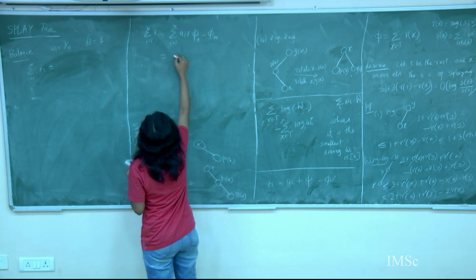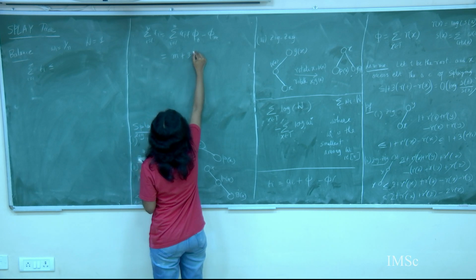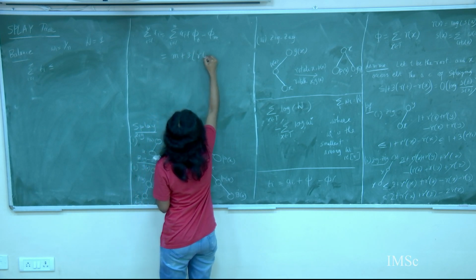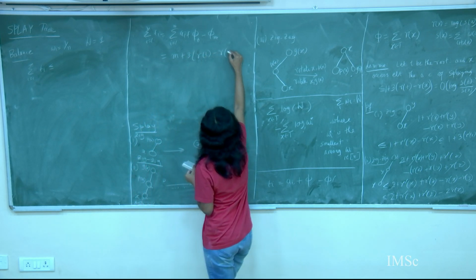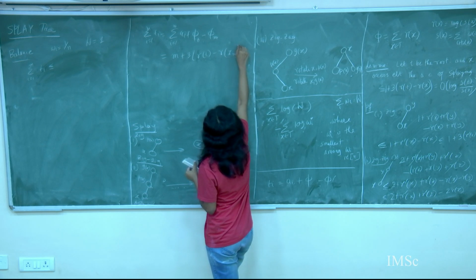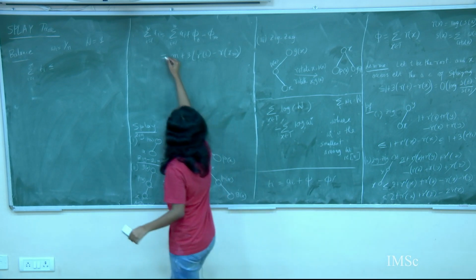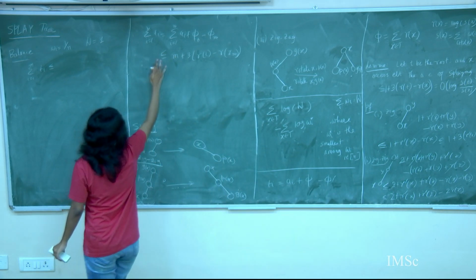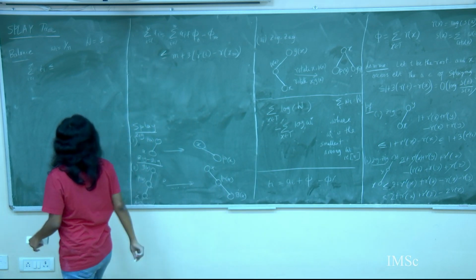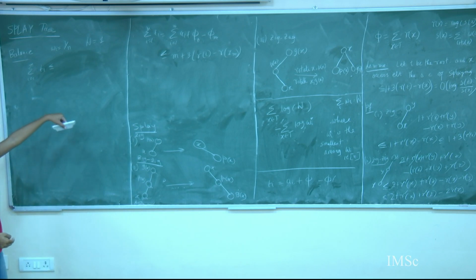What was it? m plus 3 times R of t minus R of xm, right? Less than or equal to.